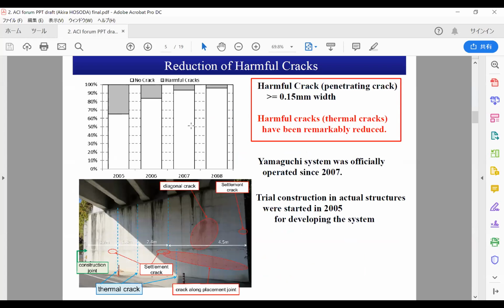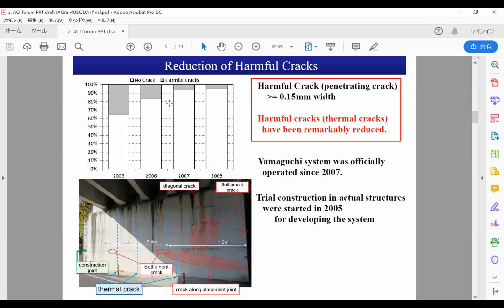According to this system, harmful cracks have been drastically, remarkably reduced, as shown in this graph. This system was officially launched, started from 2007.